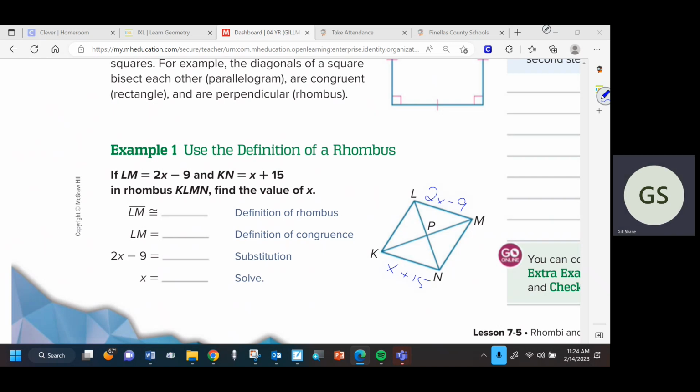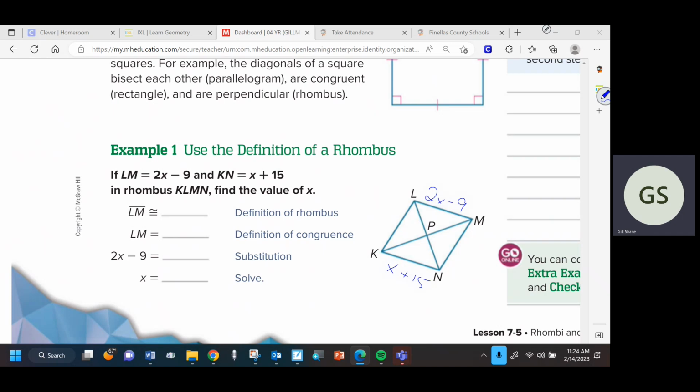What do we know about any parallelogram that we can use in this? Which sides for any parallelogram? Yeah, in any parallelogram, the opposite sides are congruent. We don't need to know that it's a rhombus, just that it's a parallelogram. It would have been a little better to say this side was x plus 15 over here.